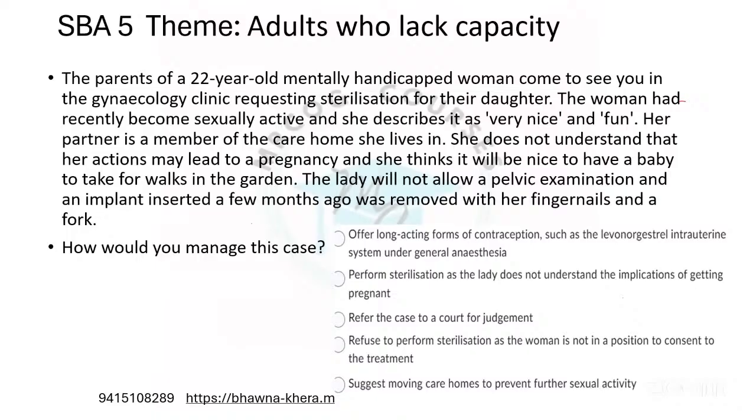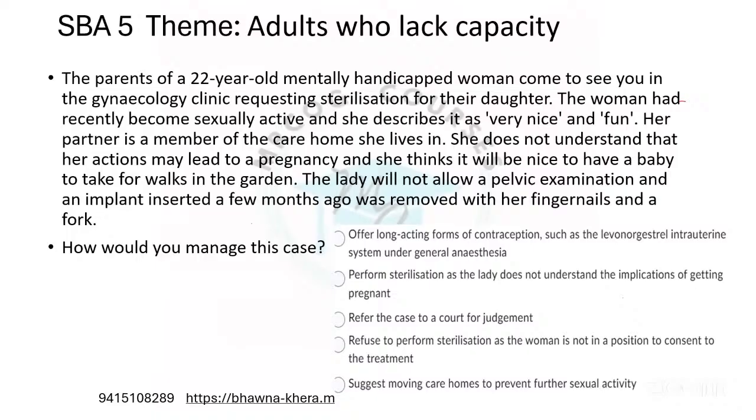Okay, so C and D. C is refer the case to the court for judgment, and D is refuse to perform the sterilization as the woman is not in a position to consent to the treatment.